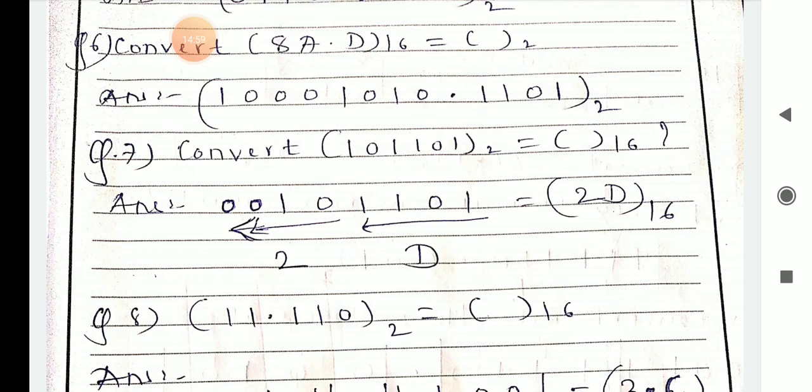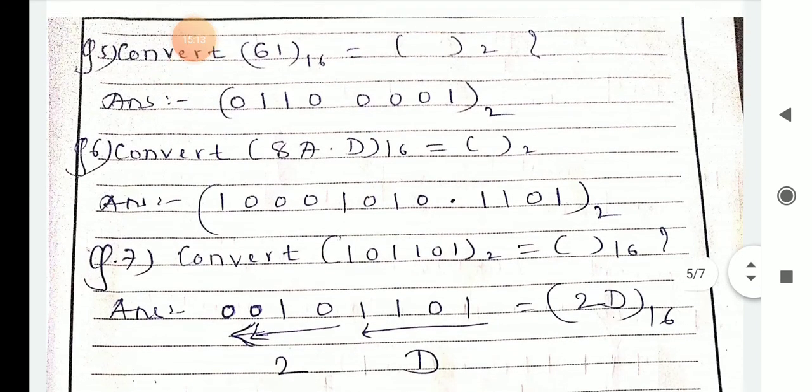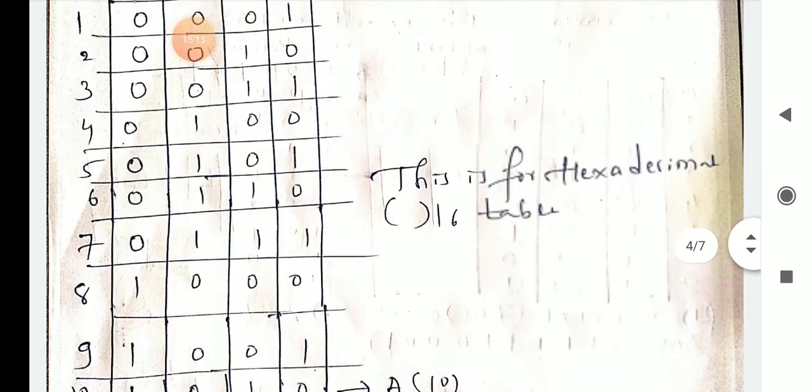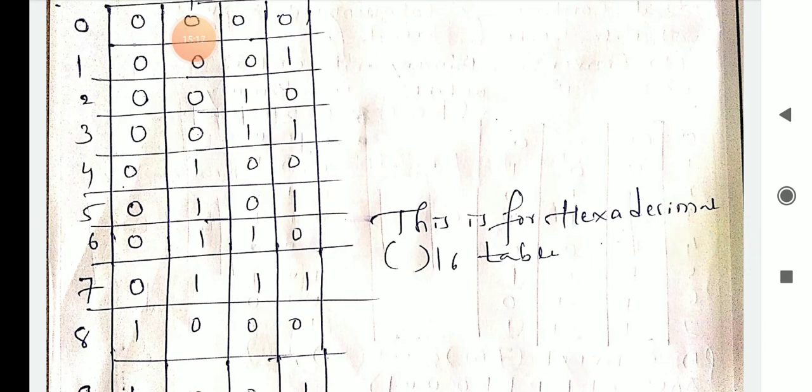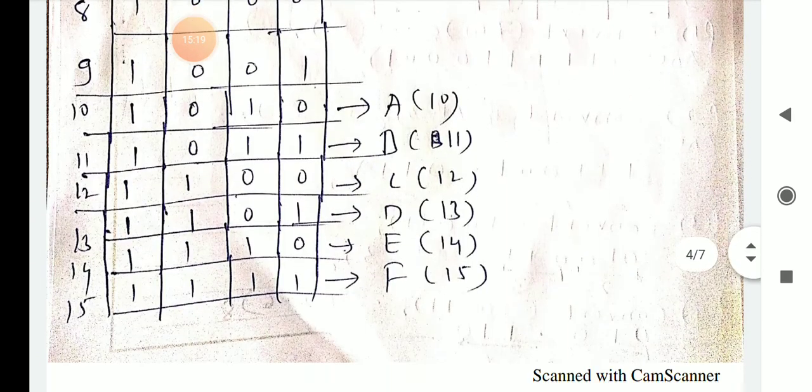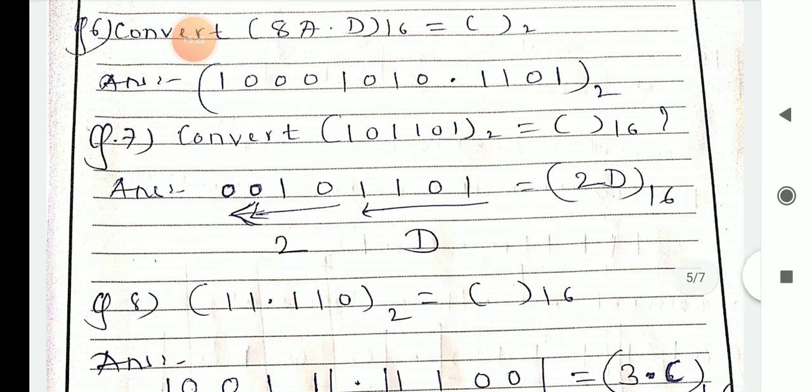After that, what remains is 01. Only 2 digits are there. After that, you need to add 2 zeros. I will add that, 2 zeros. Then go to the table again, 0010. Where is that 0010? 2. So 2 is the binary number 0010. So you can write that 2.